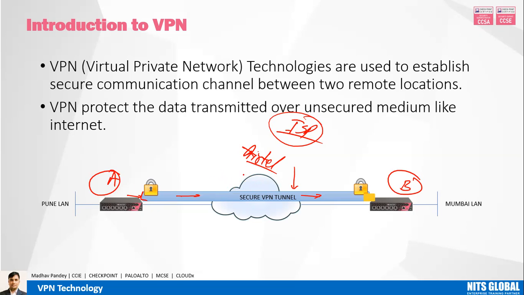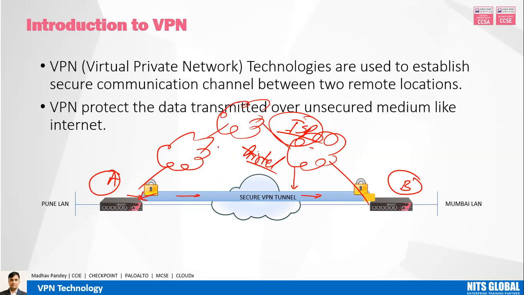But what if my Pune location has internet from a different ISP and my Mumbai location has internet from a different ISP, and those ISPs are connected to each other through some other ISPs? Now I want to create my own custom VPN, not a pre-built VPN.